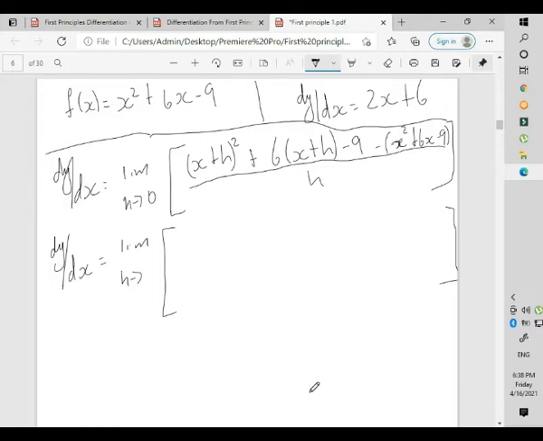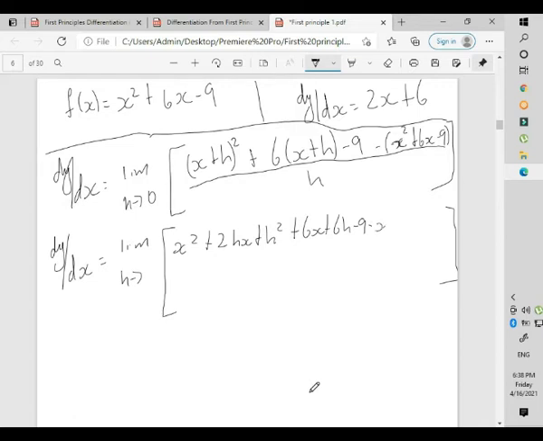Alright, so what I have here is x squared plus 2hx plus h squared plus 6x plus 6h minus 9. So again, you see the power of this bracket helps out with seeing what's going to happen.